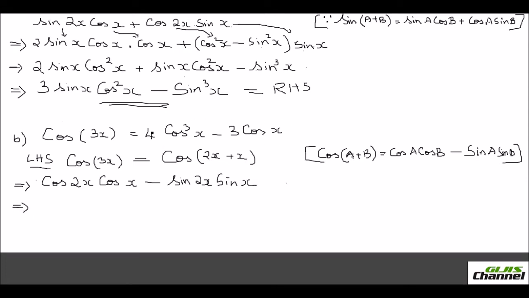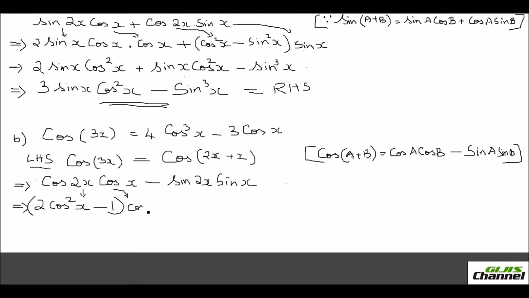Now this cos 2x I am going to expand in terms of cos only, because here I have to prove everything in terms of cos. So I am not using the first or the second formula, I am just using the third formula for cos 2x, which is 2 cos square x minus 1, right? So this cos 2x I could write this way, and this cos x I will write outside, okay?